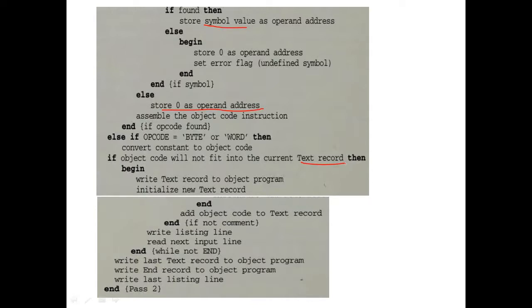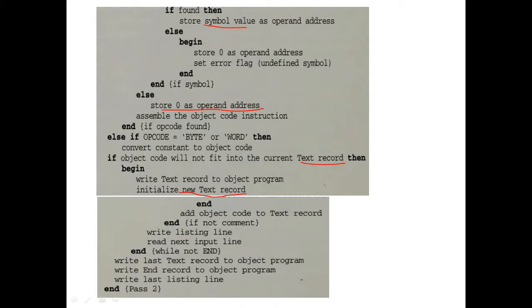So if it does not fit, write the text record to the object program, that means initialize a new text record. Initialize the next line of the text record, and add the object code to the text record. And go on adding the next object code to the text record.